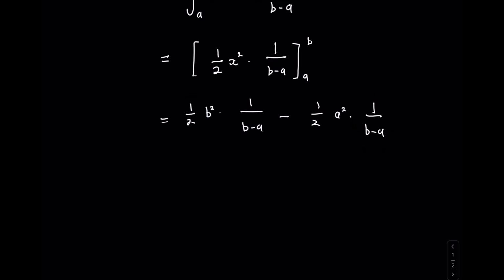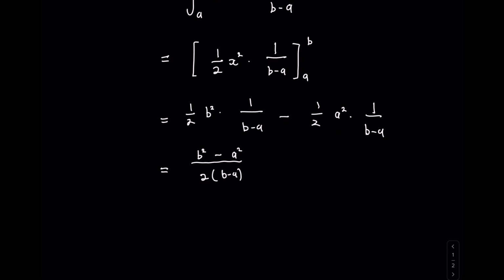We've also got a half as a common factor. In fact, we can rewrite this as b squared minus a squared all over 2 times b minus a. Here I've really just pulled out that common factor of the half and the b minus a, and I'm left with my b squared and my a squared.